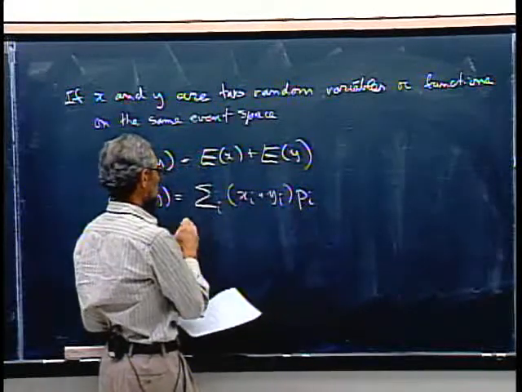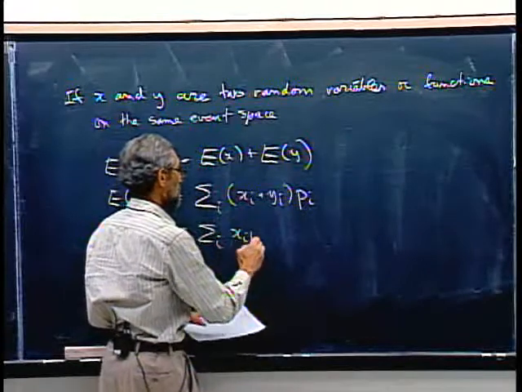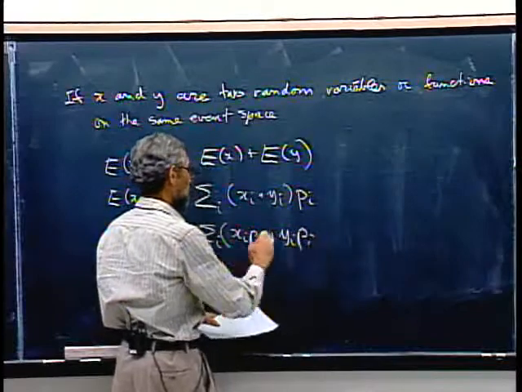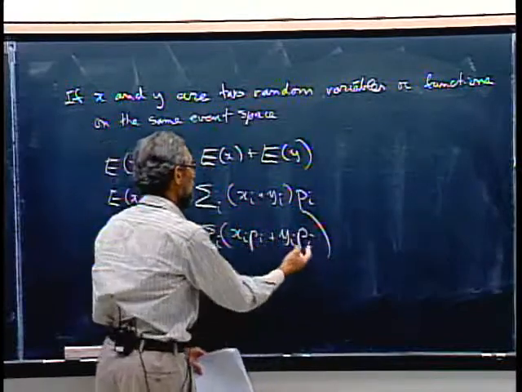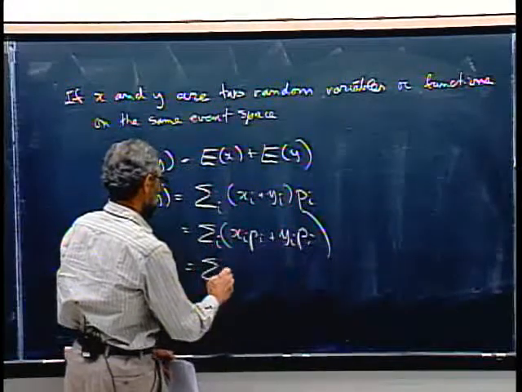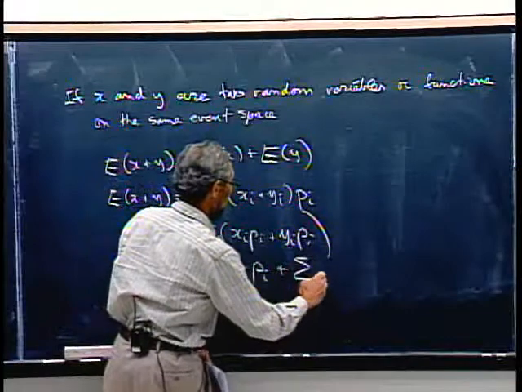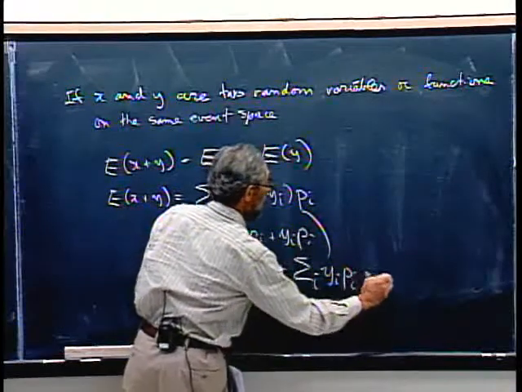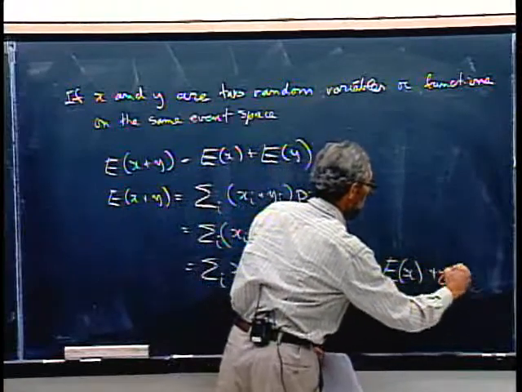And by the distributive law, this is the sum over i of (xi pi plus yi pi). I'm putting parentheses just to make sure this sum is over both of them. But then we can write this as two sums, the sum of the first terms xi pi plus the sum of all the second terms, yi pi. And that's the expectation of x plus the expectation of y.